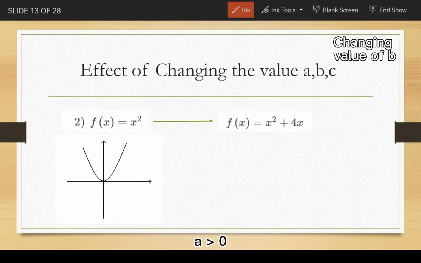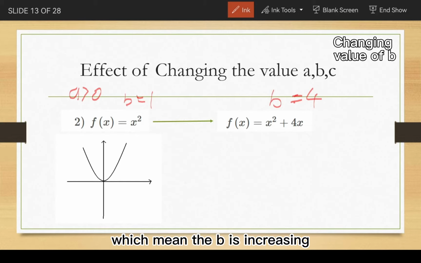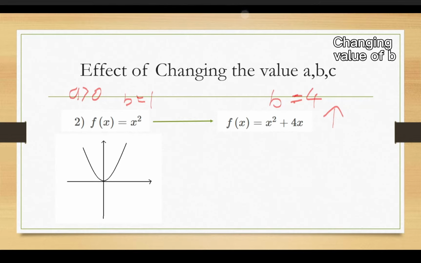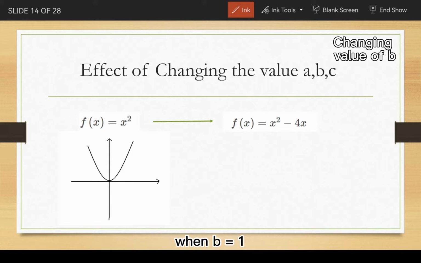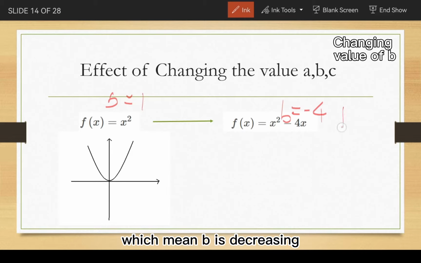The a is greater than 0. The b goes from 1 to 4, which means the b is increasing. But when b goes from 1 to negative 4, which means b is decreasing.